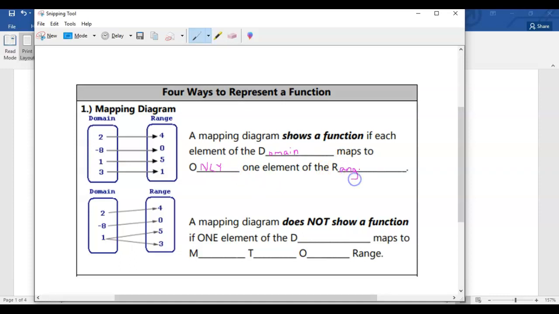Basically my domain, which is my X, maps to only one element of my range, which is the Y. So we see that happening here. Now, if we go down here, this mapping shows an example of what's not a function. My X's are mapping to more than one element of my Y's.